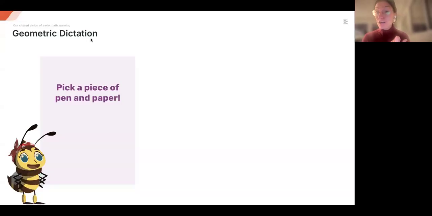The monster has two eyes, and the two eyes are little triangles. The nose is a circle, and the mouth is half a circle. I love to see everybody super focused. The monster has three arms, and each arm is one line.